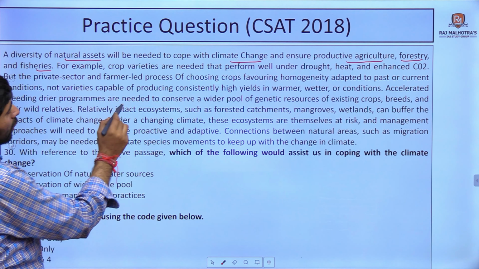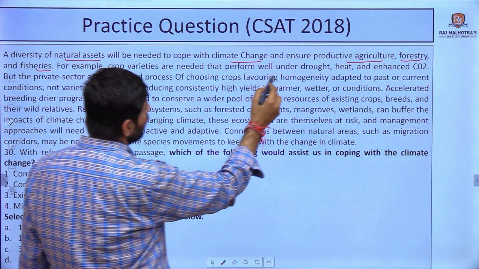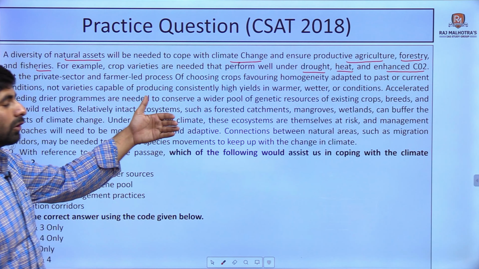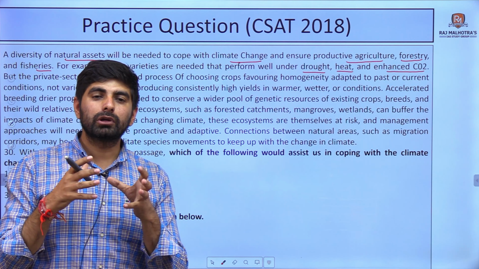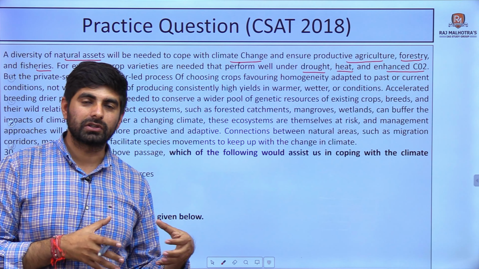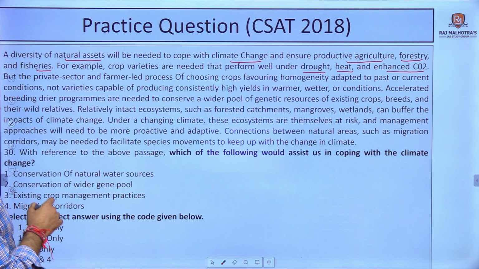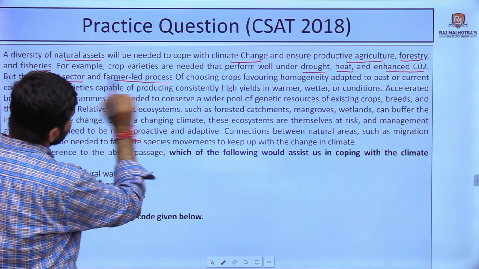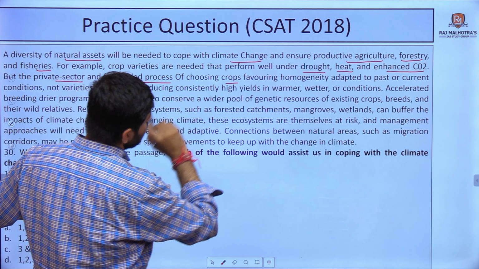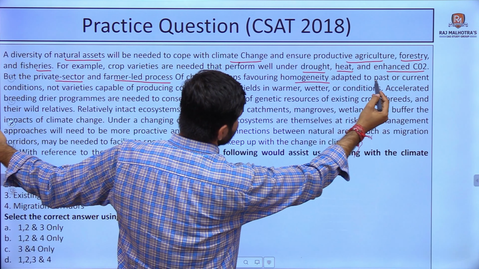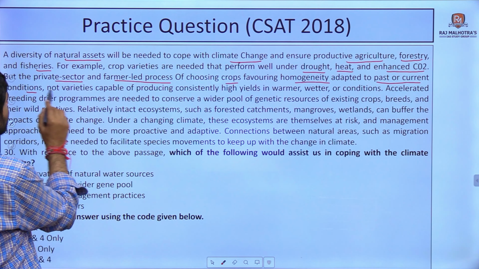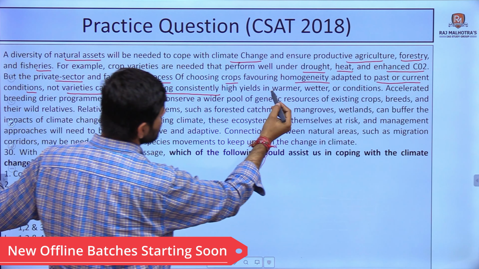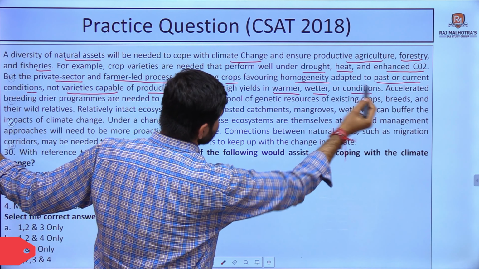For example, crop varieties are needed that perform well under drought, heat and enhanced CO2. So they're talking about how you can cope with climate change. From the next line they have mentioned: but the private sector and farmer led process of choosing crops favoring homogeneity adapted to past or current conditions, not varieties capable of producing consistently high yields in warmer, wetter conditions.